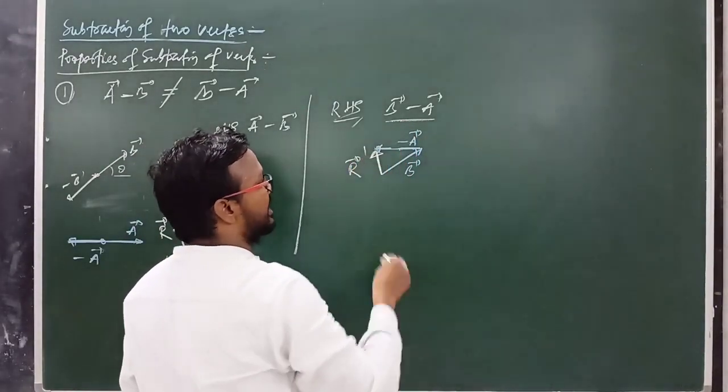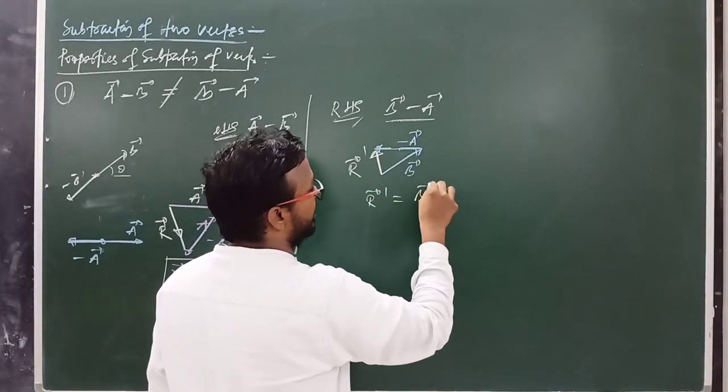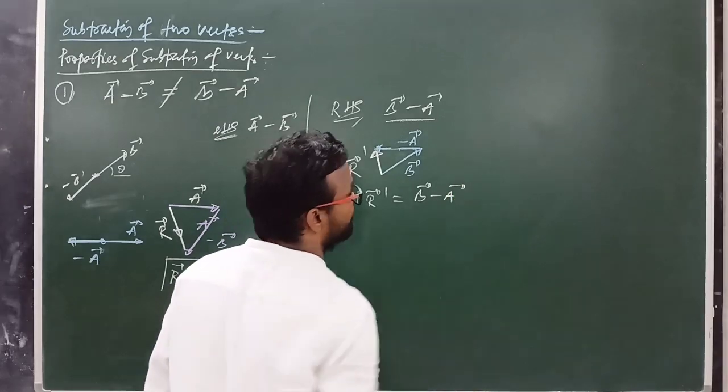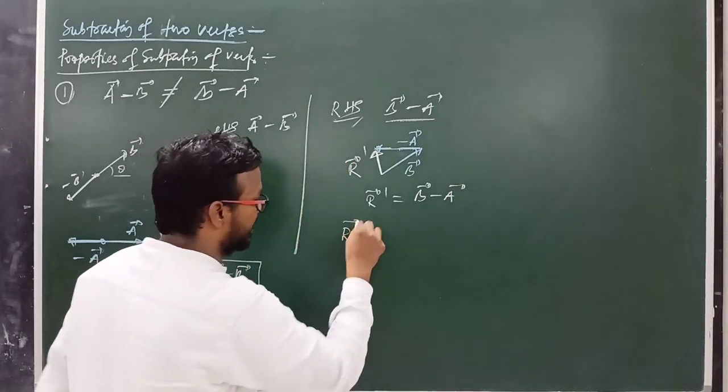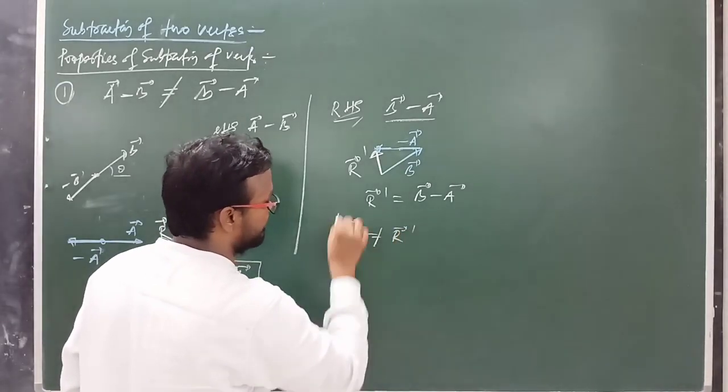Suppose this vector is R dash, so R dash vector equals B vector minus A vector. That means R vector does not equal R dash vector.